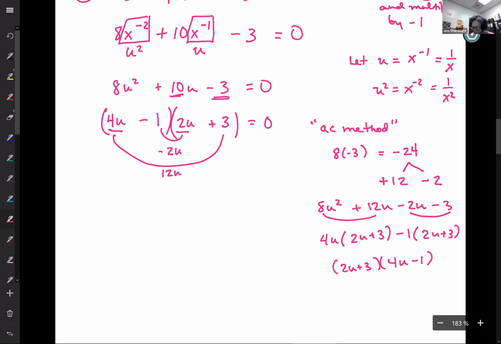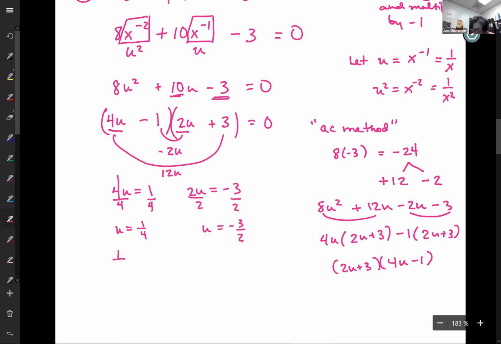So either way, then when you solve for u, you get 4u equals 1 and 2u equals -3. Dividing by 4, u is 1/4. Dividing by 2, u is -3/2.